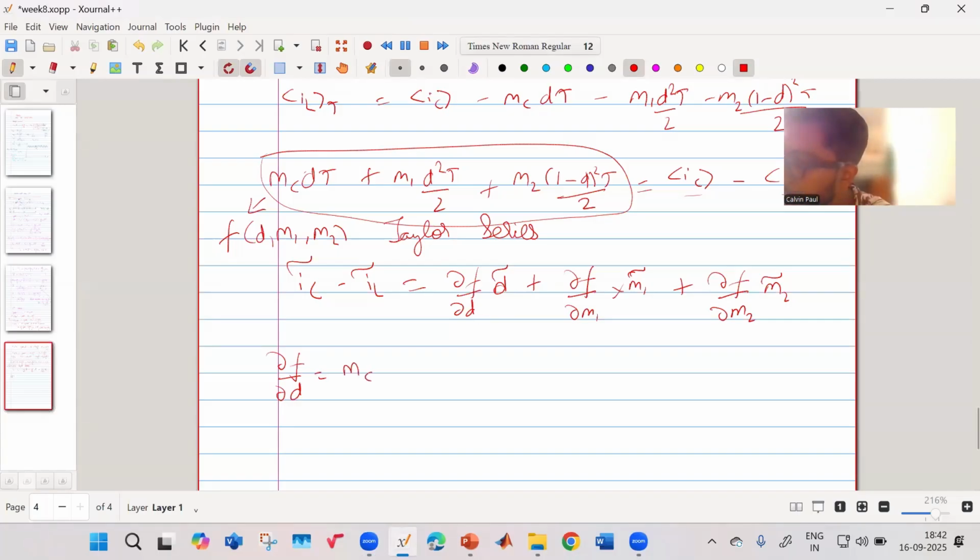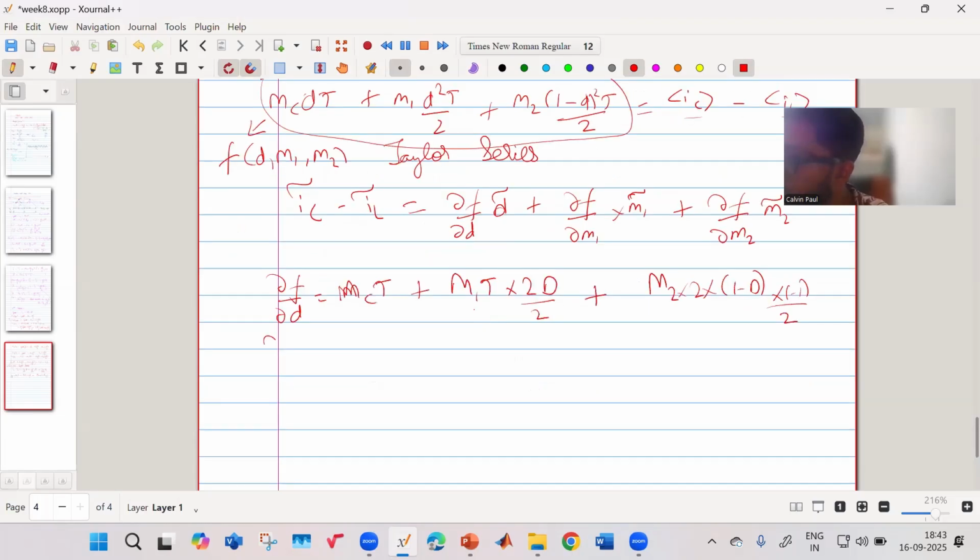So it will become MC into T, and since they all are constant, we use capital terms, plus M1T into 2 into D upon 2 plus M2 into 2 into 1 minus D into minus 1 upon 2.